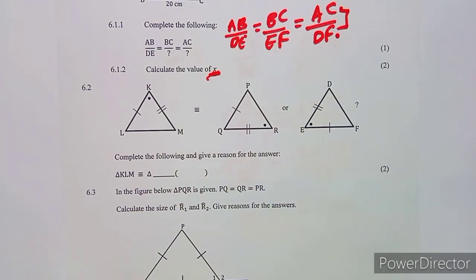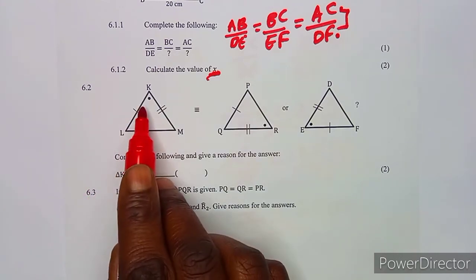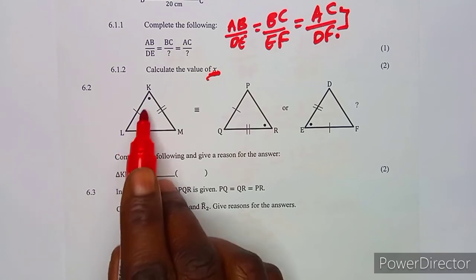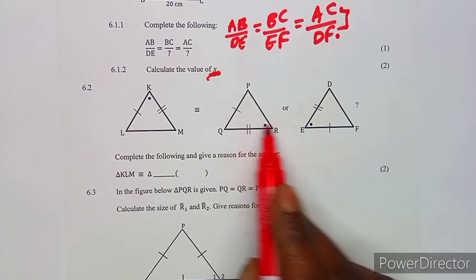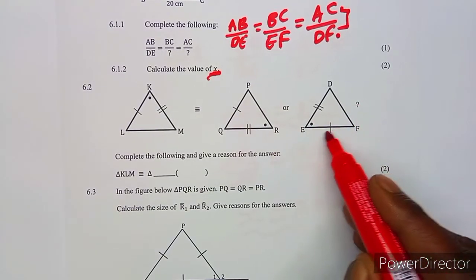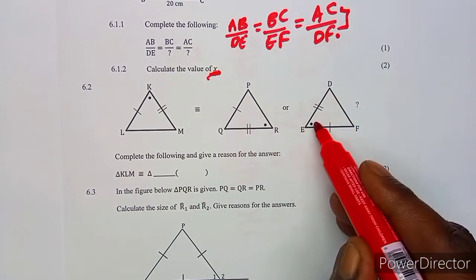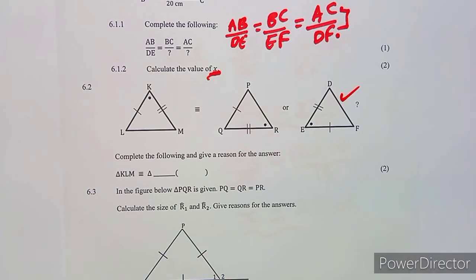All right, so remember, when you are referring to triangles which are congruent, it must have same conditions, guys. Same conditions. If you are to cross check, you've got a side and an angle which is in between and another side. This one is not in between, but this one is the case because we've got a side and angle which is between. So this one is the one that you're going to take.